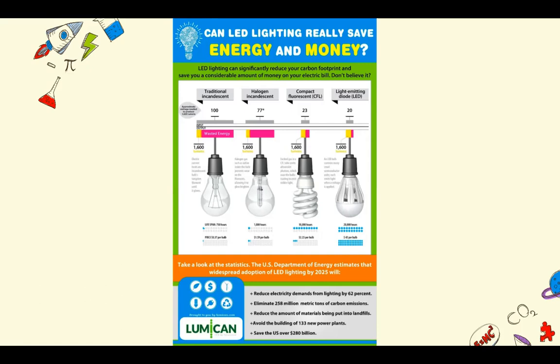It would also reduce the amount of materials being put into landfills, avoid the building of 133 new power plants, and save the US over $280 billion. Yes, we're talking about the US, but we can imagine that it's comparable for Canada. So the bottom line is using LED as opposed to the traditional incandescent hot light bulbs is better for the environment and it's better for your pocket.